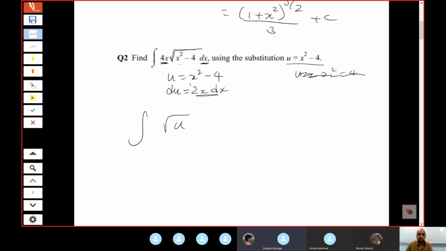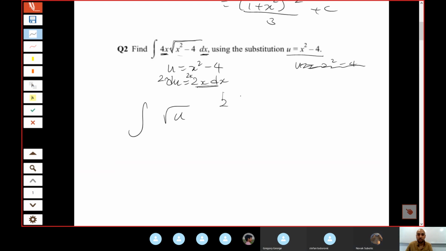So what are you going to do? Multiply by 2. So technically it's going to become 2 du, which equals 4x dx. So now 4x dx can get replaced for 2 du.